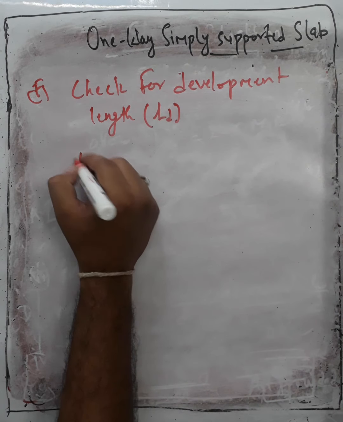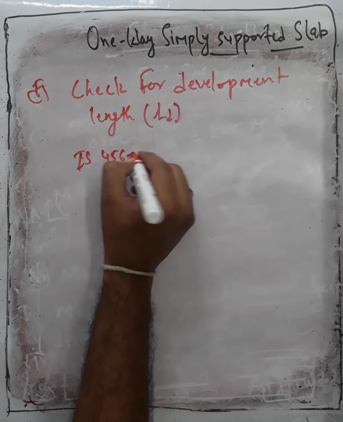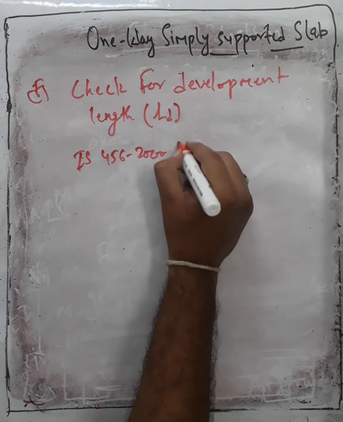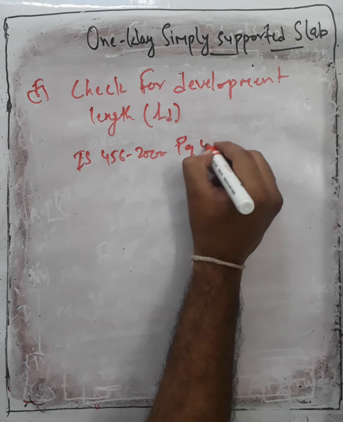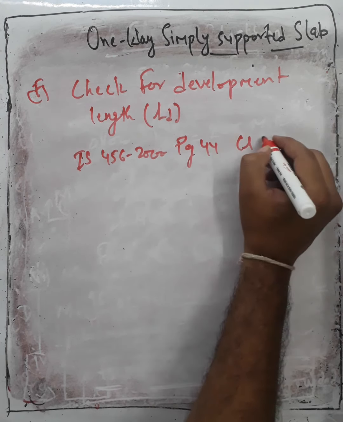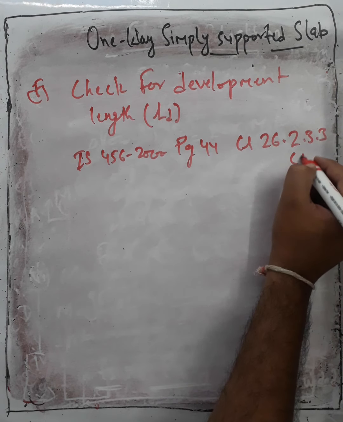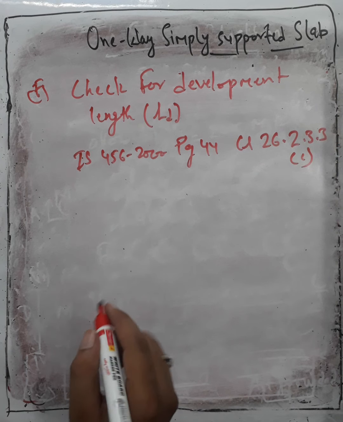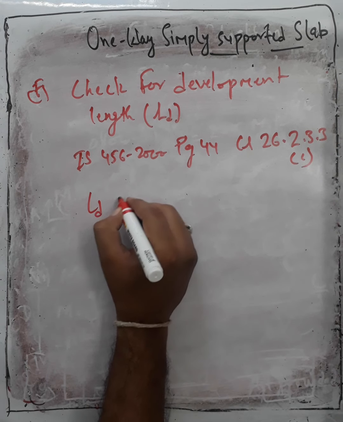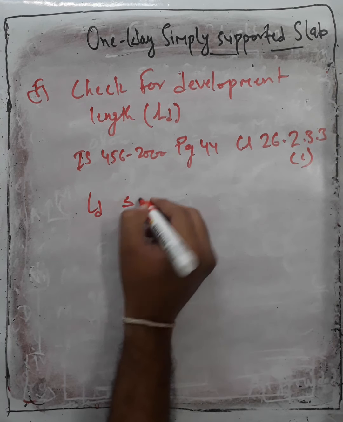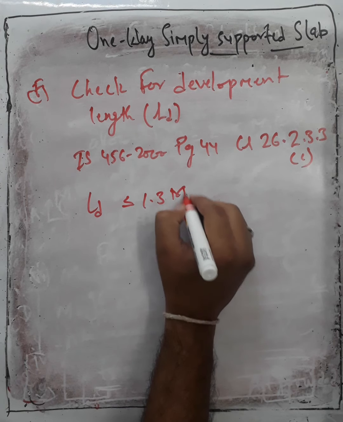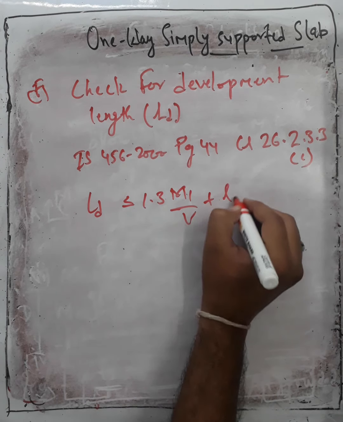Okay, so this is given in IS 456 2000, page number 44, clause number 26.2.3.3 point C. LD should be less than 1.3 M1 upon V plus L naught.